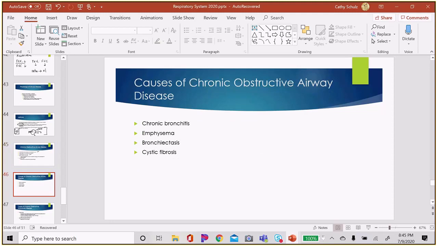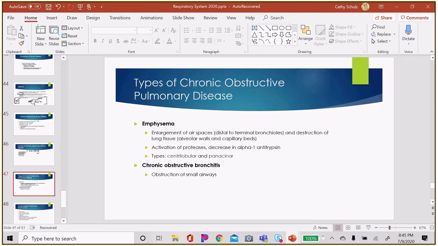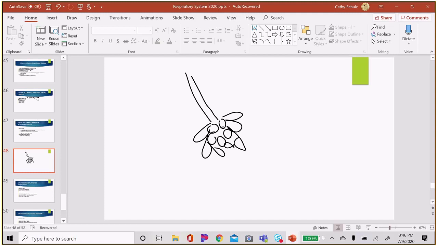Here are some of the common causes of chronic obstructive airway disease: emphysema and chronic bronchitis. This is usually related to smoking, and so is emphysema. Emphysema is a little different. This is our terminal bronchus, and we have our alveoli, which should be like a group of grapes, in order to increase the surface area for gas exchange.